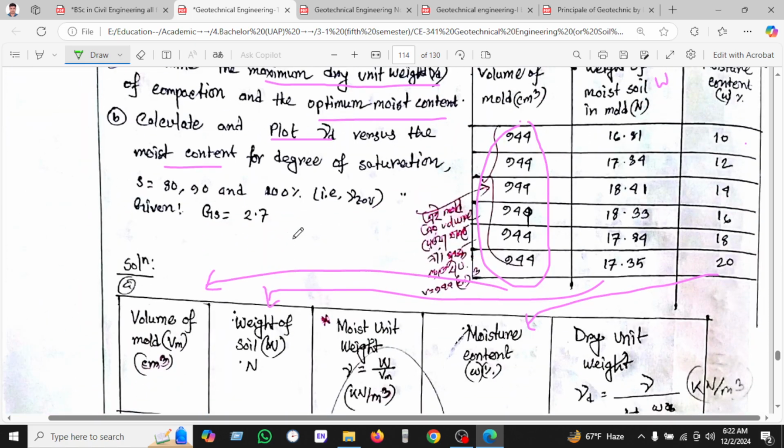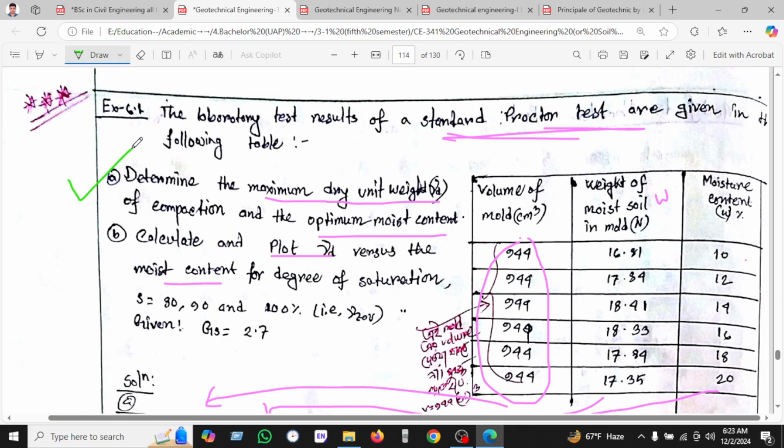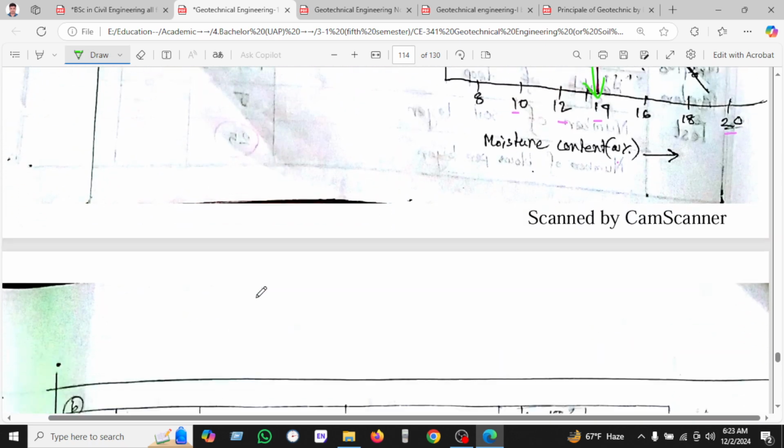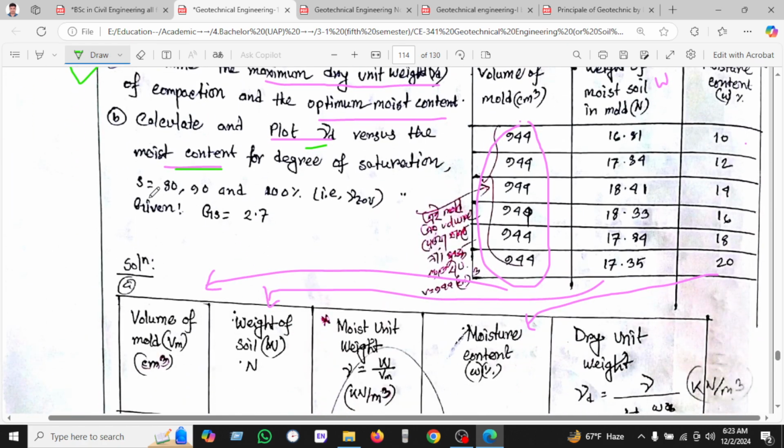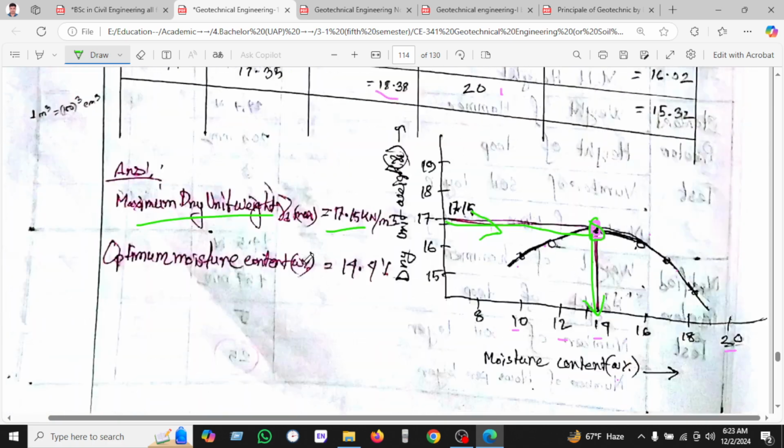Okay, so this one is completed. The second one: calculate and plot gamma d versus moisture content. So let's see. There are three types of saturation: 80%, 90%, and 100%.